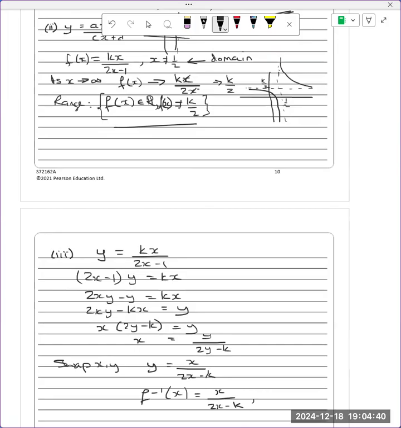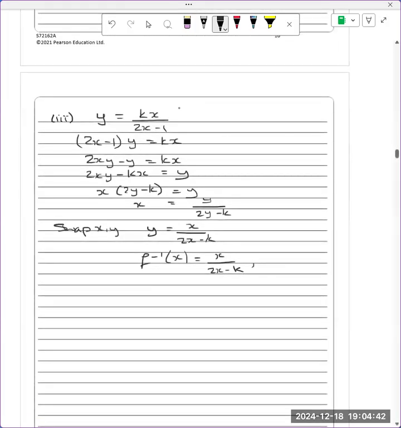When we switch that around, x is not equal to k over 2, which makes a lot of sense, because that is the value that would give us 0 on the denominator, and you can't have zeros on the denominator. So you have to do this to get the final mark. There have been questions like this on about the last 2 or 3 years of exam papers where they've asked you for an inverse function, and if you don't specify the domain, you don't get the final mark. So do be careful of that.